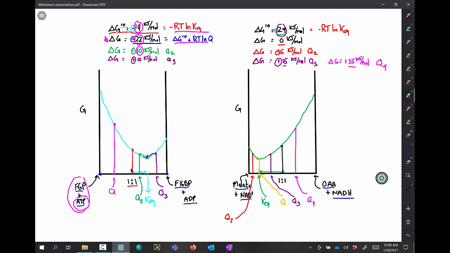And we can use standard conditions to understand the ending point, the KEQ, but then we can use actual free energy change to understand the potential energy of that particular reaction within a cell, and whether work will have to be done to carry out that reaction, or whether that reaction can do work as it is carried out. Of course, the exergonic reactions can do work, and endergonic reactions have to have work done upon them.